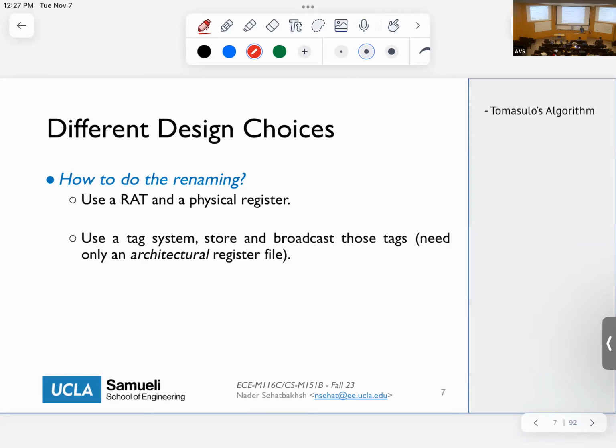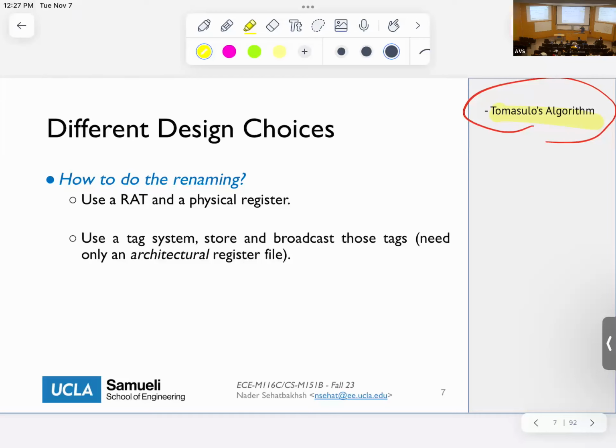Another thing where you see variation is the way that we do renaming. The way that we describe it in the class is using the register alias table and physical registers. But there's also a very popular alternative solution, which uses tags instead of doing the renaming. Essentially you assign tags to each architectural register, and then you broadcast and move this tag around. If you have heard about Tomasulo's algorithm, it is a very famous algorithm, one of the first designs of out of order execution.